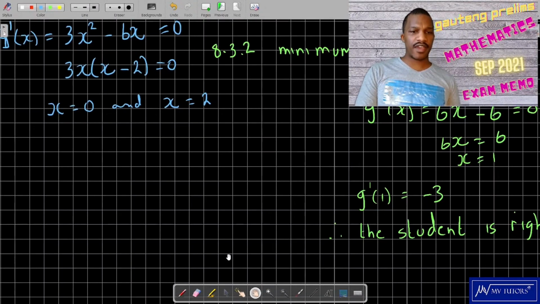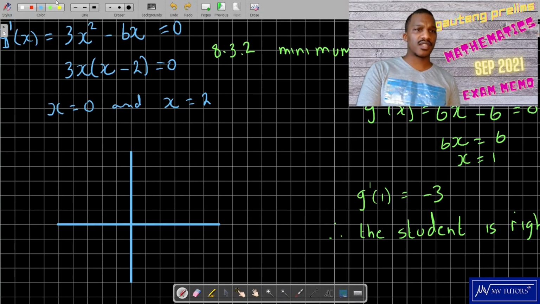So what we have here is that we actually have a graph, right? Let's just make that our Cartesian plane. Now I haven't substituted anything, right? But I do know that, first of all, it is a positive gradient graph.